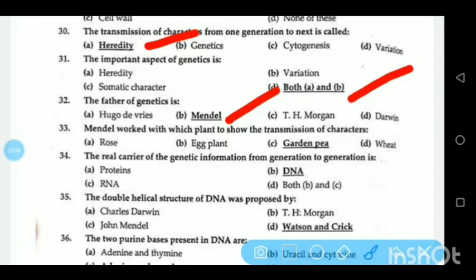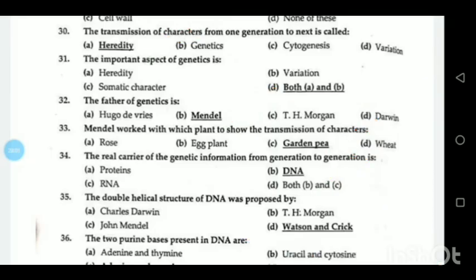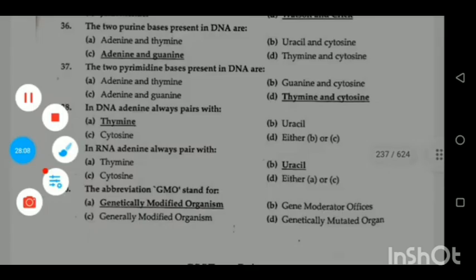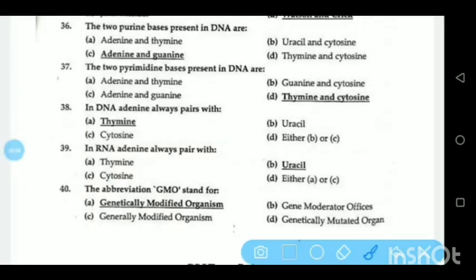Mendel worked with which plant to show the transmission of characters? Garden pea. The real carrier of the genetic information from generation to generation is DNA. The double helical structure of DNA was proposed by Watson and Crick. The two purine bases present in DNA are adenine and guanine.